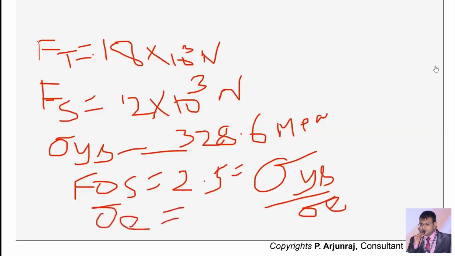So 328.6 divided by 2.5 is going to be 131.4, which is going to be the equivalent stress. Unit is very important, MPa.